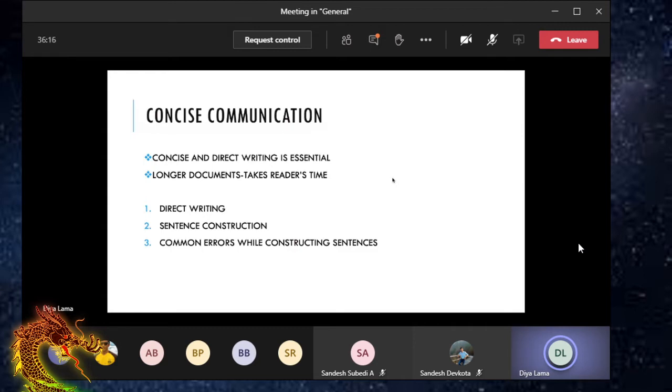Do you remember the previous semester go assignment? It was a report, right? So to report ma thousands of words lekhyo, right? So this document, technical document, for a manual, it can't be like a 3,000-4,000 words report just hunu bhaina hai. So it always has to be short and sweet. It has to be direct. Obviously, if you're writing a short document, then they have to be direct writing.